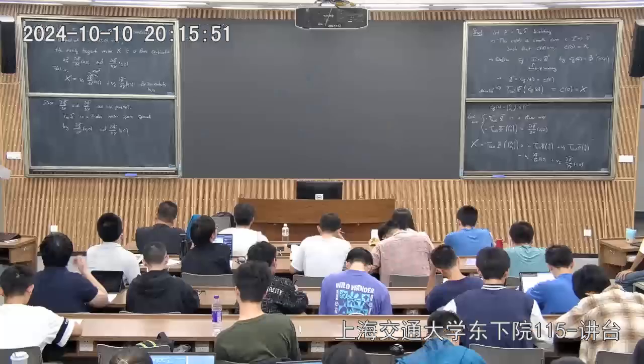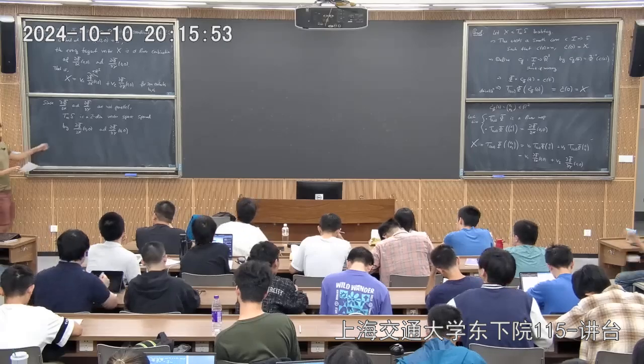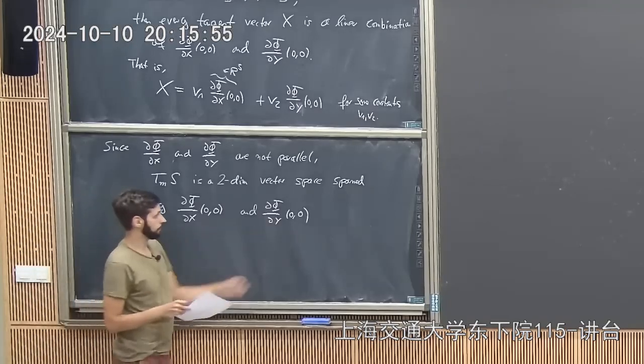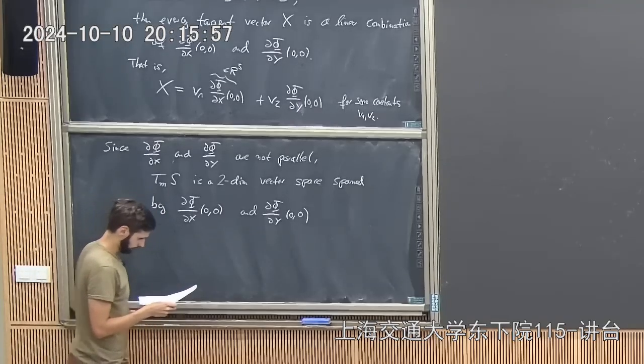We have a two-dimensional vector space and a basis given by these two vectors.